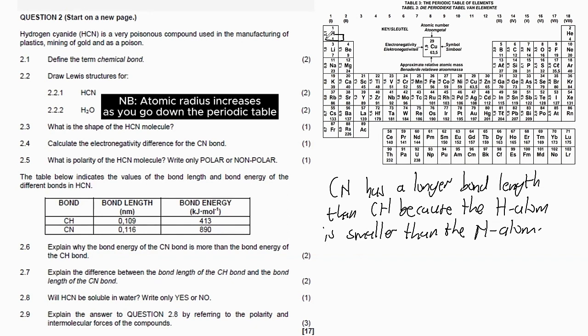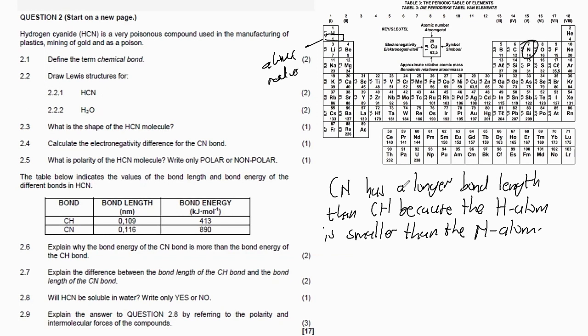This H atom here has a smaller atomic radius as compared to the atomic radius of the nitrogen, right? So nitrogen has a bigger atomic radius as compared to the H atom.